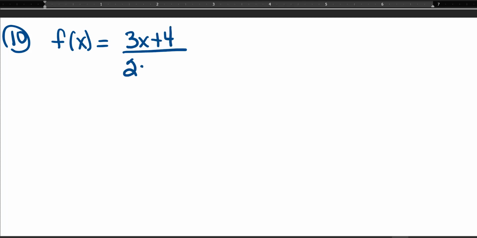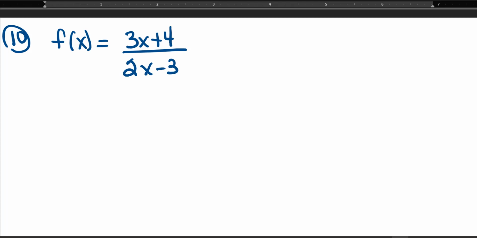All right, next example, number 10. We have here f of x is equal to 3x plus 4 all over 2x minus 3.